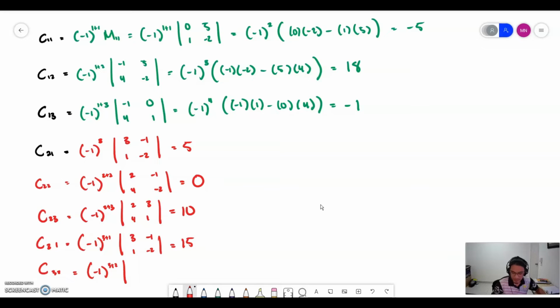So C32 has the minor 2, negative 1, negative 1, 5, so this is equal to negative 9. Oh, sorry, I think I have made a mistake here for C31. C31, row number 3, column number 1, is actually the minor 3, negative 1, 0, and 5.